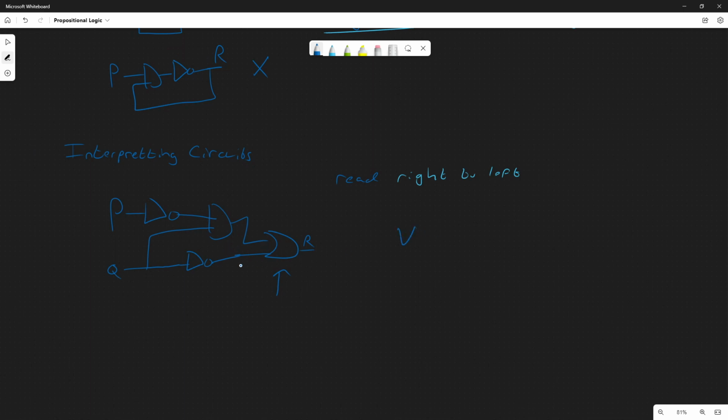On the right-hand side of that is very simply not Q. We can follow that line there. On the left-hand side, we have an AND. So we're going to have brackets here, one of which on the right-hand side is Q, and the left-hand side is not P. So this is the interpretation of that. This is the formula that corresponds to that circuit.